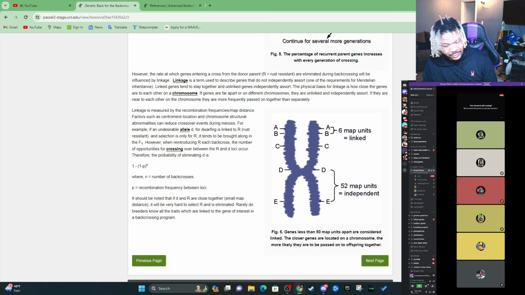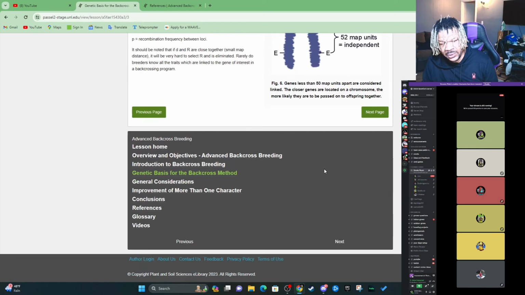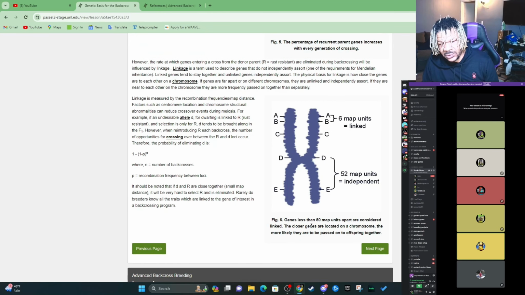Like some resistance might also be linked to some funky mutation on the plant that's an undesirable trait. You may have to either deal with that undesirable trait or find a way to get rid of it at the same time as hold on to that resistance. Yeah, that's a fact. But yeah, that makes sense.